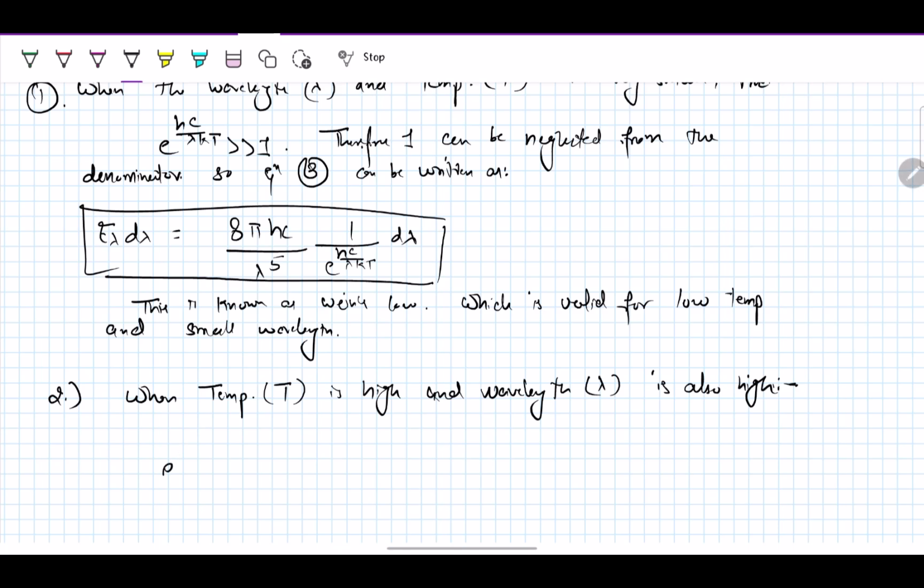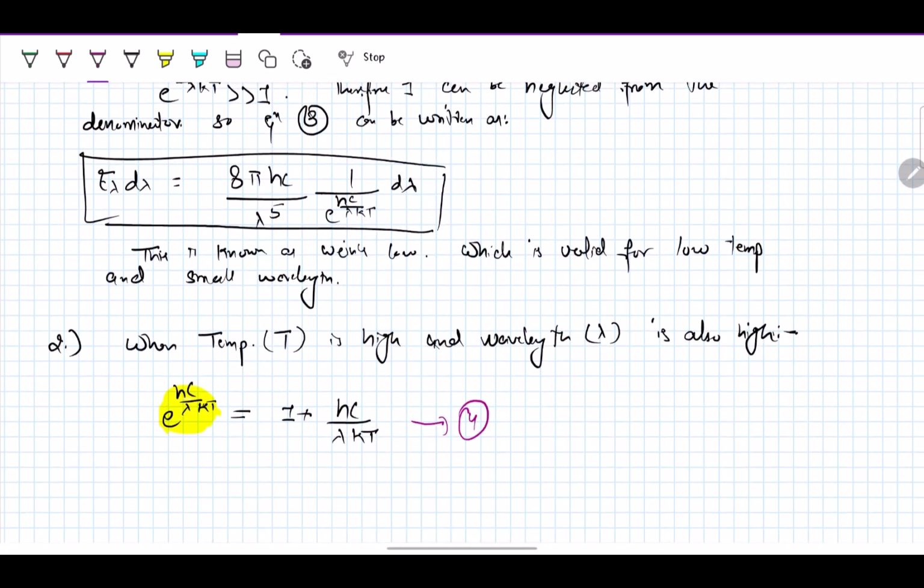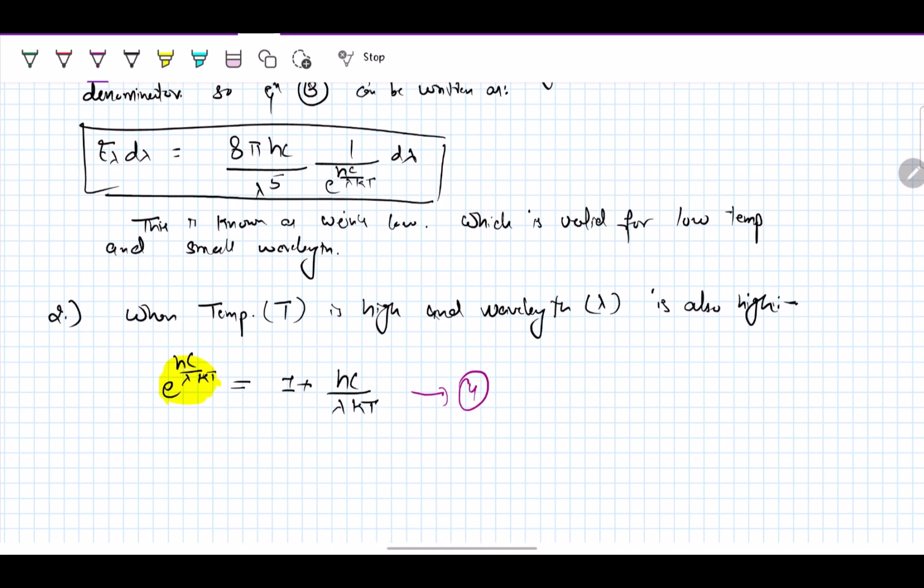So we can write the exponential of h c by lambda kT as 1 plus h c by lambda kT. Now we need to put this in equation number 3. So by using equation number 4 in equation number 3, we get E lambda d lambda.